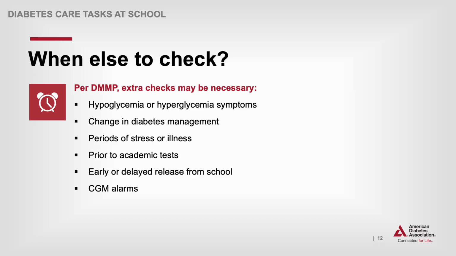There are times when a student needs to check blood glucose more often than usual, including the following: when low or high blood glucose is suspected, either because the student is symptomatic or the adult observes symptoms; during periods of stress or illness; prior to academic tests; when there are changes made in the management program, such as a change in medication doses, meal plan, or physical activity; early or delayed release from school; and when the CGM alarms.